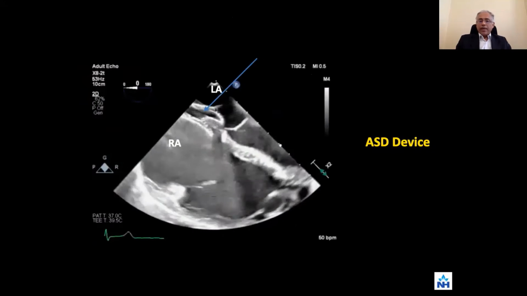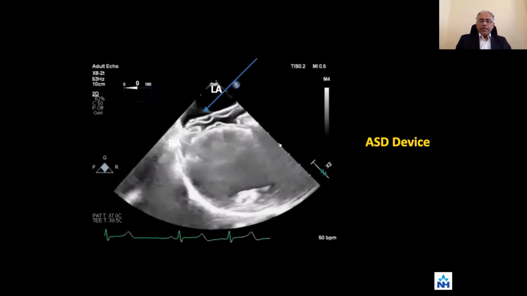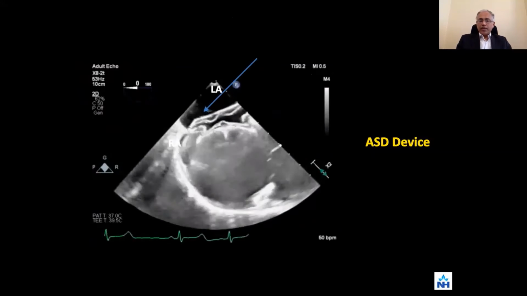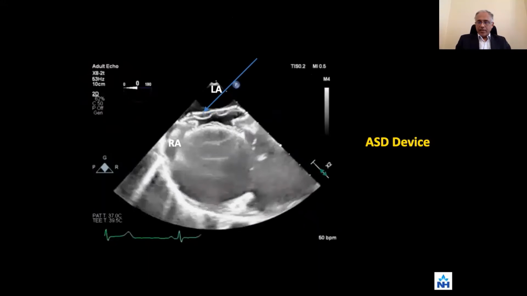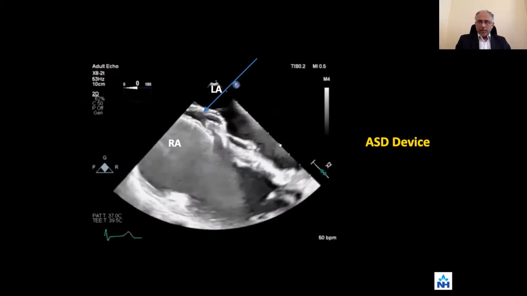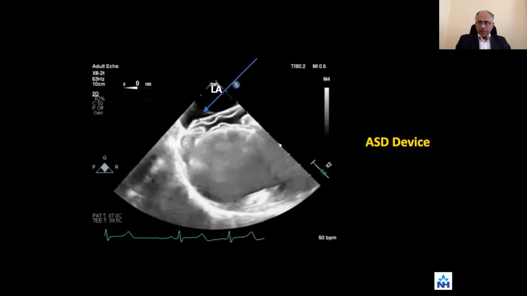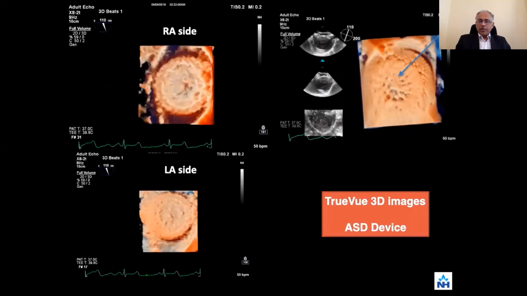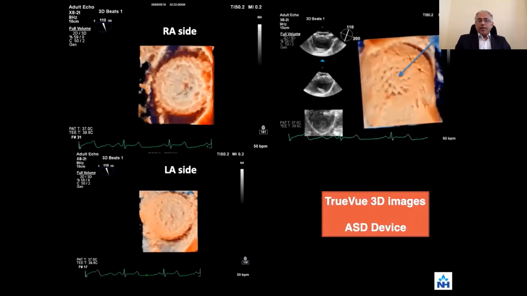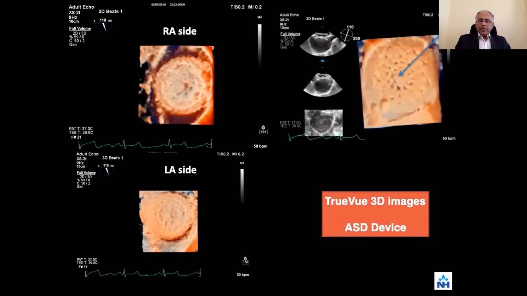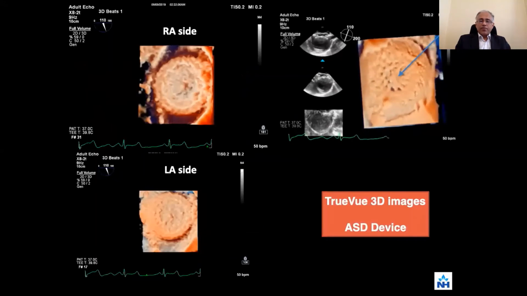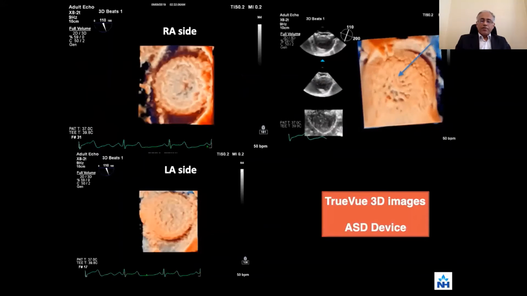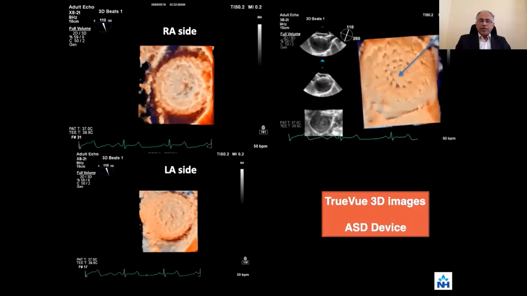Now, ASD devices, of course, are very prominently seen, and you do know about it. This is a typical ASD device. Again, this is from the TEE, so you have the transthoracic appearance, which looks different. And the TrueView image gives you some fantastic findings and amazing clarity as to how the image looks.